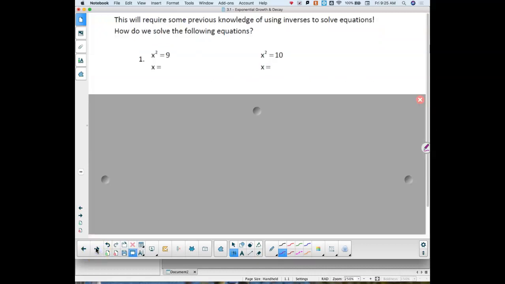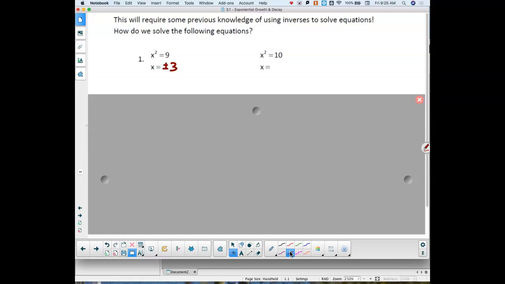So let's take a step back and say x squared equals 9. How would you solve x squared equals 9? You'd square root both sides, right? Because the inverse of squared is square root. What do you get for an answer there? Plus or minus 3. Not just 3, you get plus or minus 3 here.